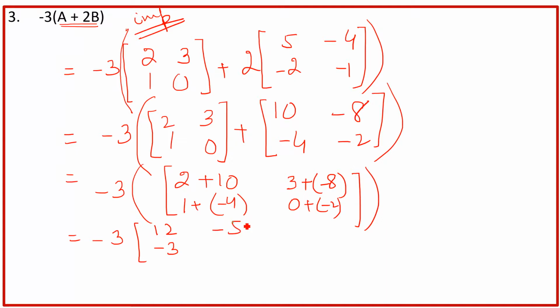It is -5, -2, right? Okay, then now you have to multiply with this -3. It will be 36. It is 15. It will be 6, and this is 9. So this is our answer. This is -3a plus 2b is equal to this.